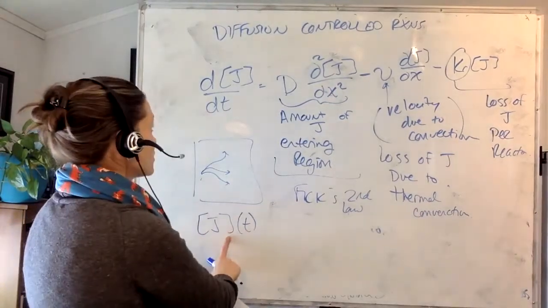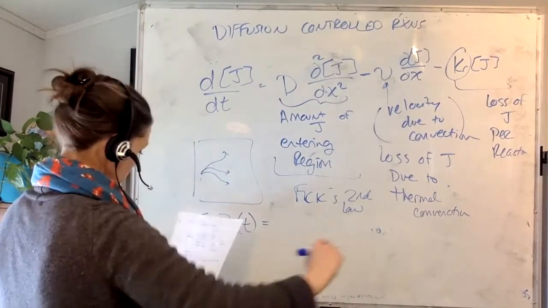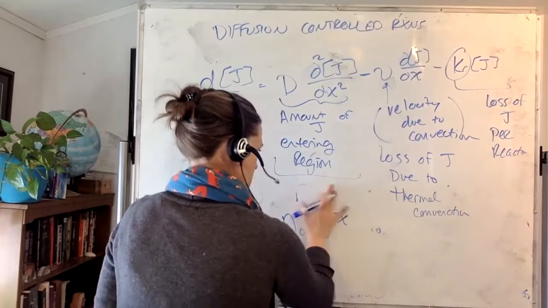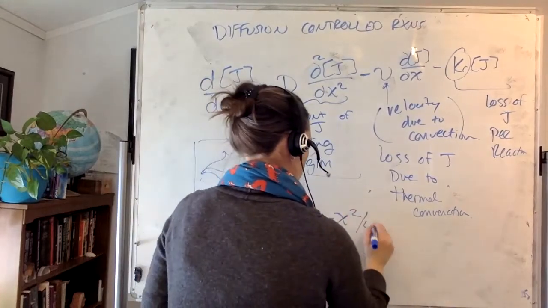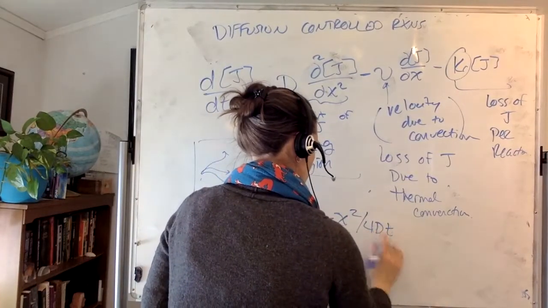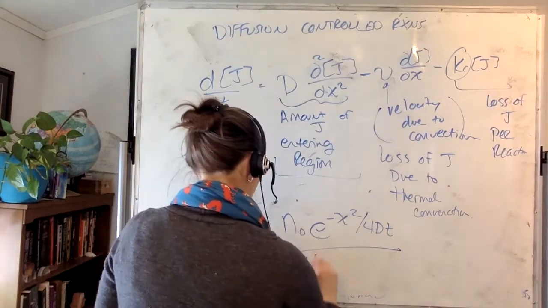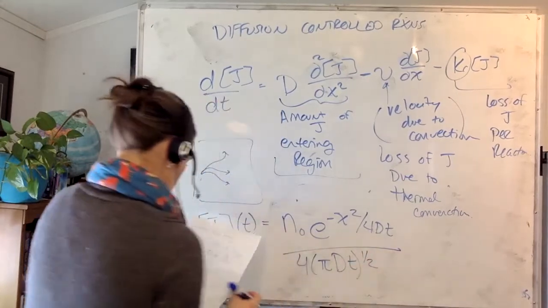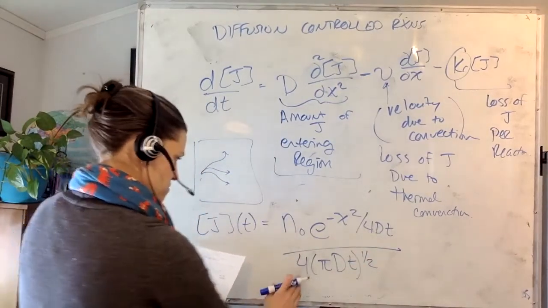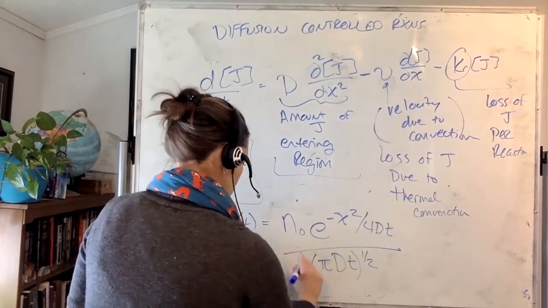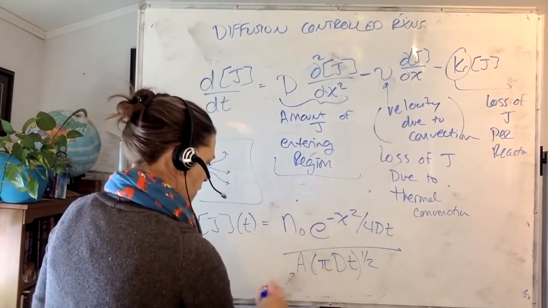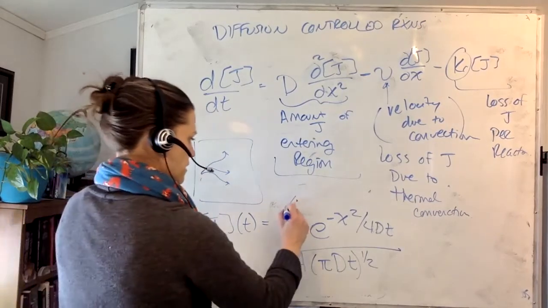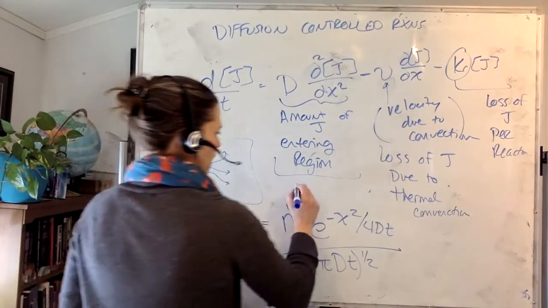So the answer to this differential equation is N0 e to the minus x squared over 4Dt, divided by the quantity A times pi Dt to the 1/2. Oops, that's not a 4 in the numerator of the exponent's denominator, that's an A, my bad. Okay, so A is an area, and N0 is the initial number of molecules across that area.